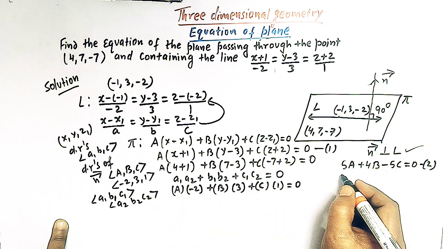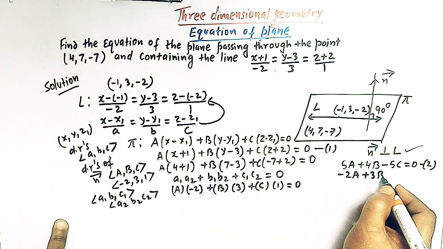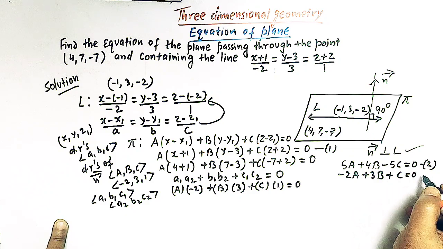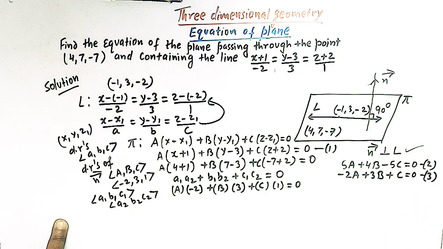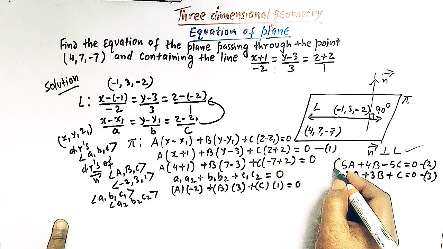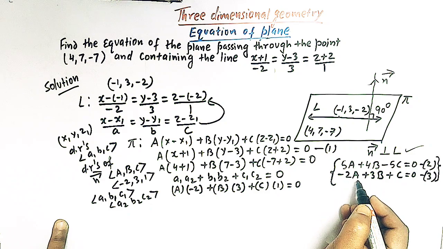So now we have here minus 2a, then we have 3b, and here we have c is equal to 0. So this is our equation number 3. So now we have obtained two equations in A, B and C, right? And now we have to solve these two equations.